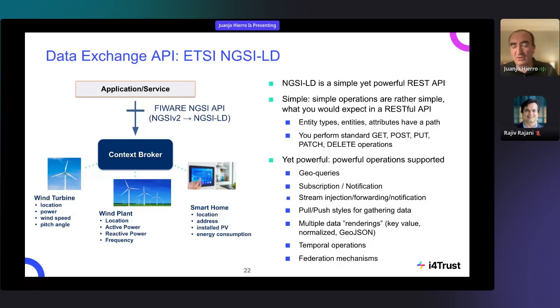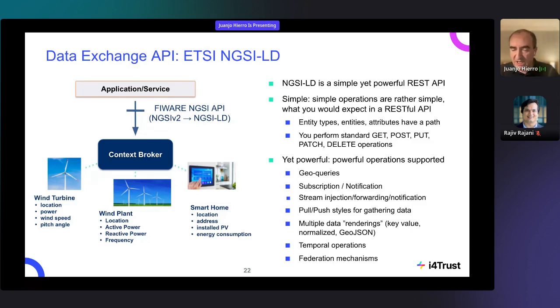Simple because it supports all the simple operations that any web developer would expect from a RESTful API, the ability to represent types, entities, attributes as a resource on which you can perform the standard get, post, put, patch, delete operations, but yet powerful because it will bring a number of powerful operations like geoquery, subscription notification, stream injection, forwarding notification, multiple data renderings.